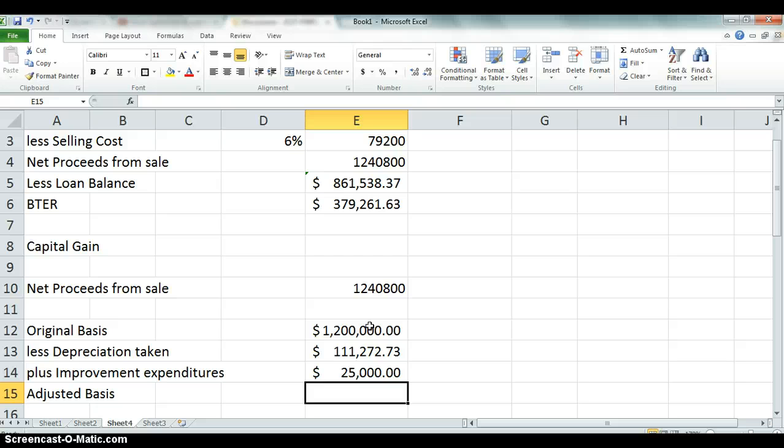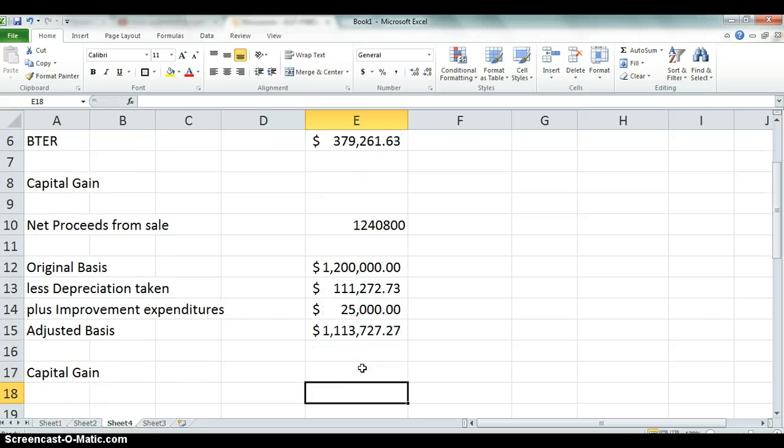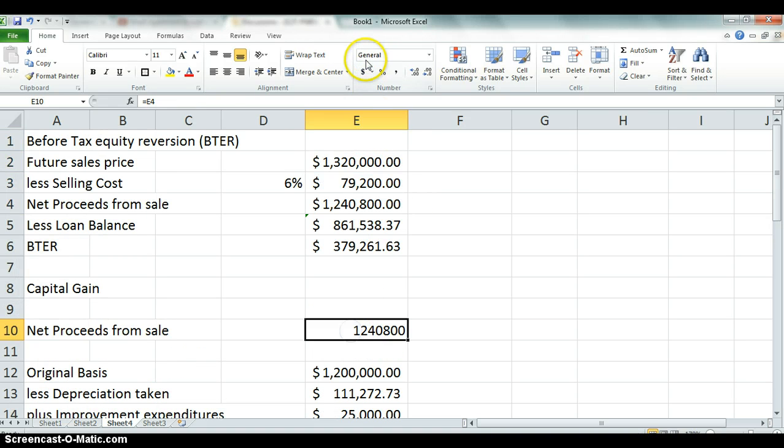And then finally, for the adjusted basis, we will have original basis minus depreciation plus improvement expenditures. For our capital gain, we will have net proceeds from sale minus adjusted basis. Let us format these numbers.